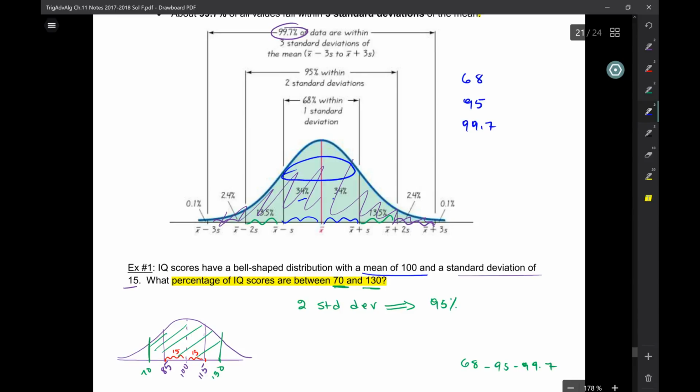That makes 68 together. And then how much is it from 68 to 95? It's 27. If you split that into 2, it's 13.5 and 13.5. And then how much is it from 95 to 99.7? It's 4.8. So you split it between 2.4 and 2.4.